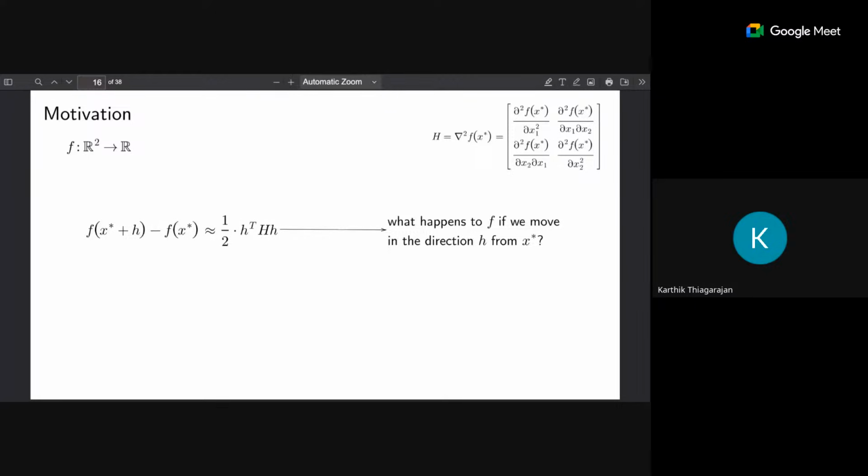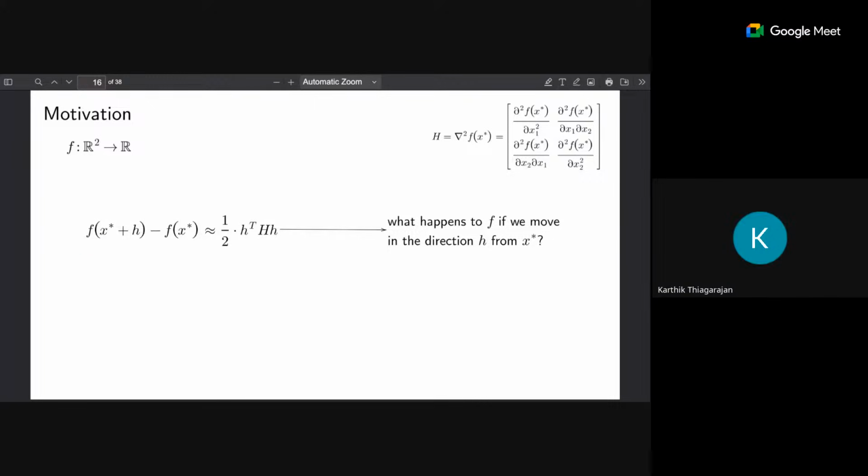If x star is to be a minimum, what can you tell me about this quantity? What should this quantity be? Should it be positive? Should it be negative? Should it be zero? It should be 0 or greater than 0. Correct.